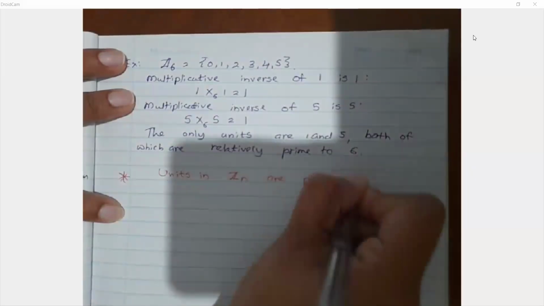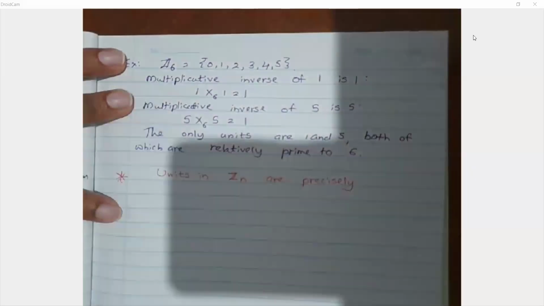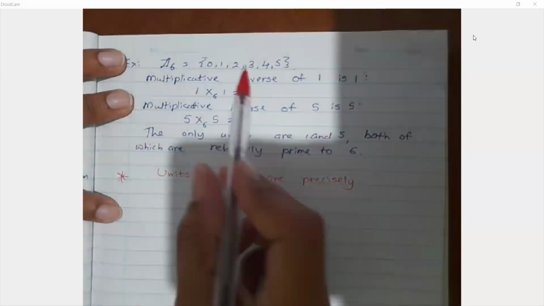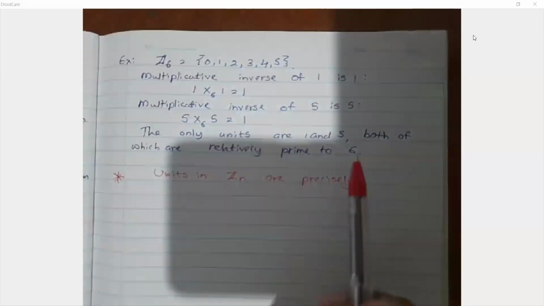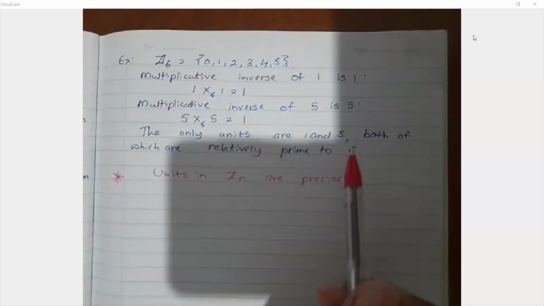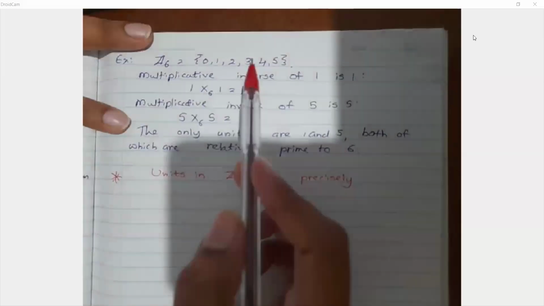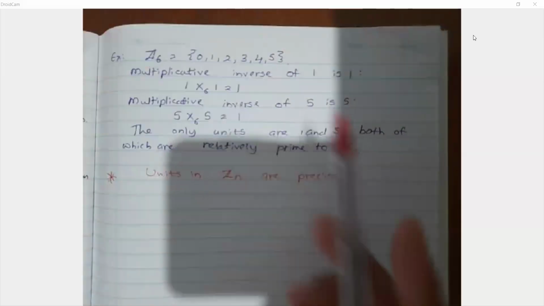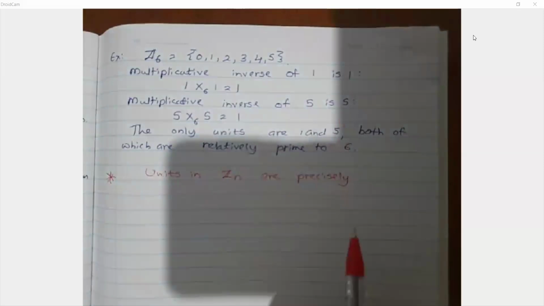We know that Z6 is also not a field because 2, 4, 3, all these elements don't have multiplicative inverses.